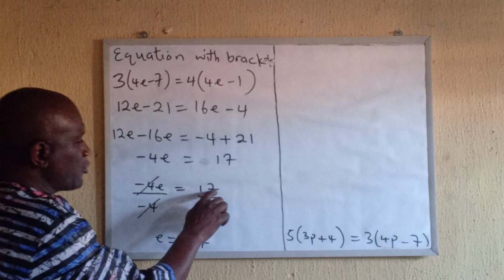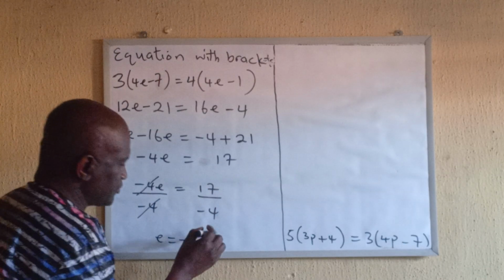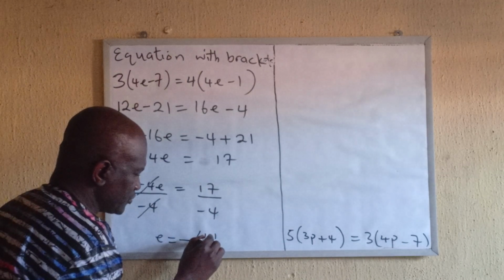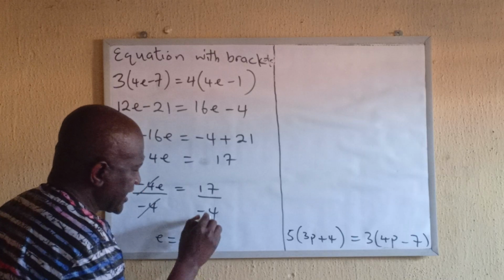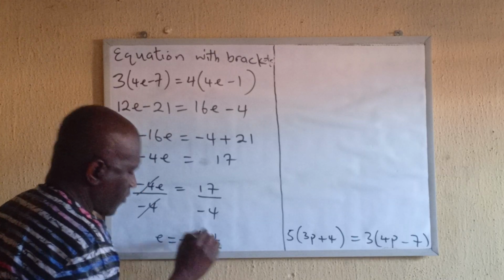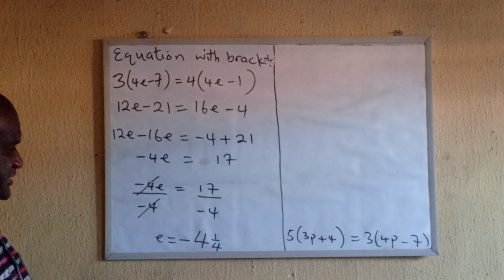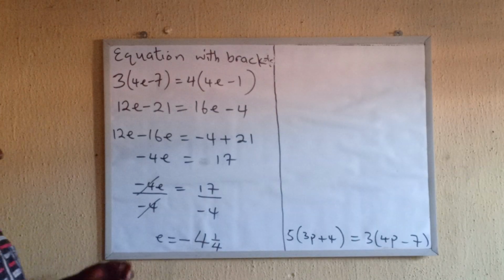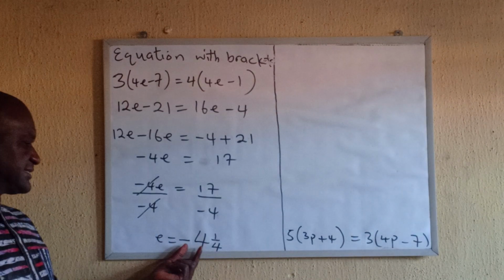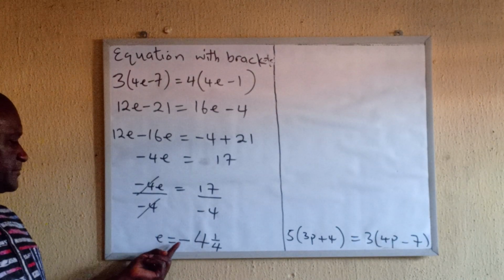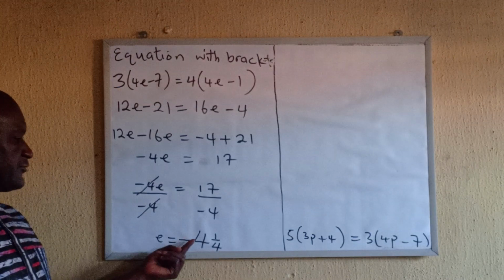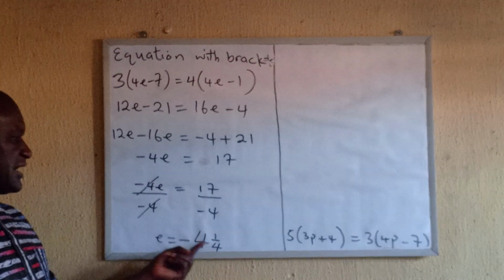So there will be remainder 1 inside 17. So you put the remainder 1 in a small size number all over this 4, the 4 that is being divided with. So that means the value of e is minus 4 whole number 1 over 4.